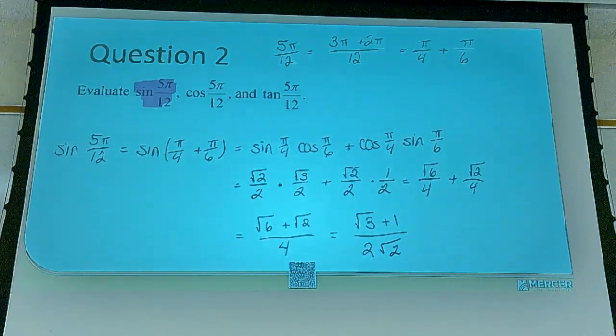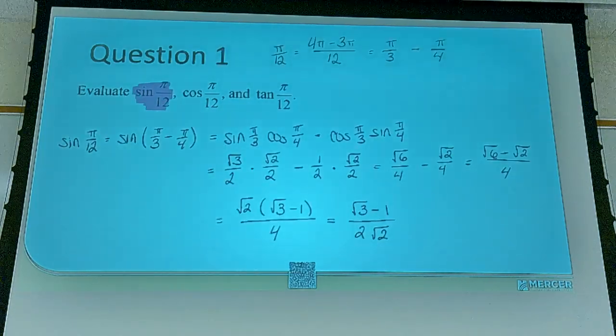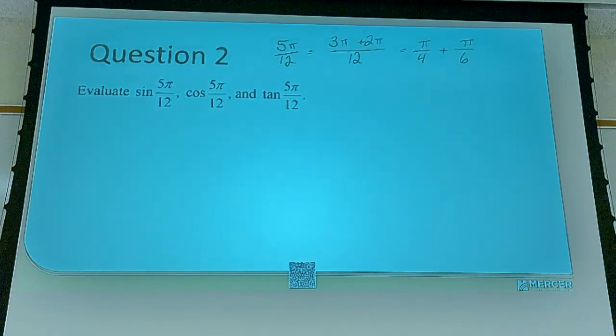So once again, co-function identity is verified. Which means you should know what cosine of 5 pi over 12 is going to be before we even do it. Should be that, right? So let's just verify that.